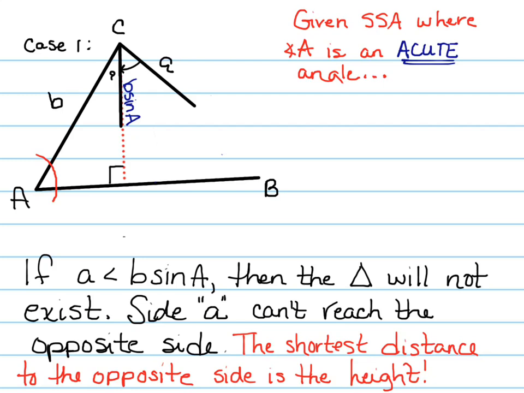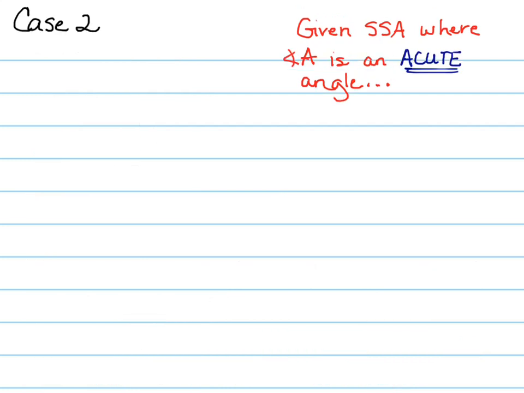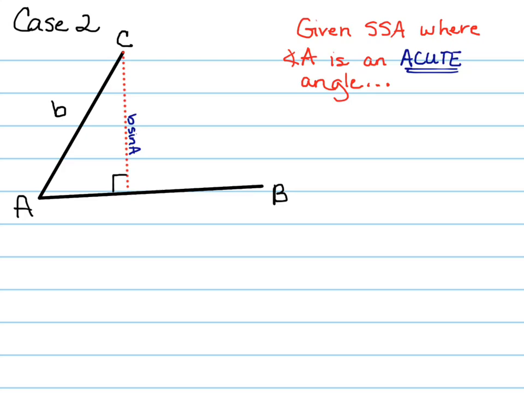Your second case scenario, again, same set of weather conditions, so to speak, but this time we are going to be able to form a triangle if side A equals B sine A. Then we definitely have a triangle. It's going to be a right triangle, but it's okay.